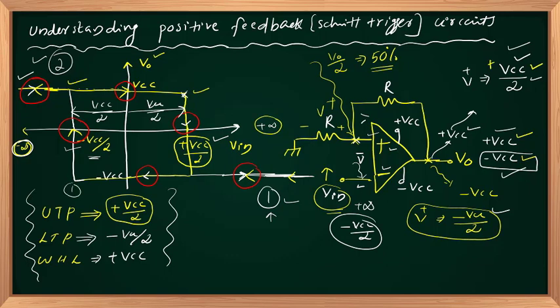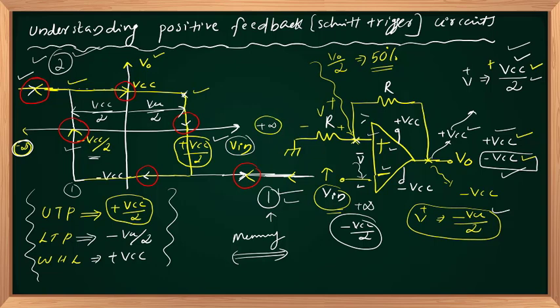So in this circuit, the output changes for a particular value of Vin, and the change in output also depends on the previous value of its own output. So the circuit involves a memory. So it's a bistable circuit.